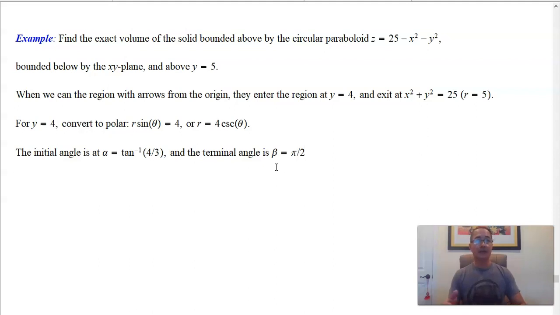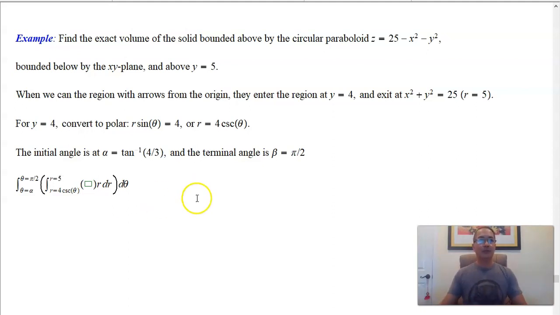Those are the limits of our outer integral. So theta will go from, let's just keep it as alpha, you don't want to keep writing tangent inverse 4/3 every time you write the next step, to the final angle pi over 2. R is going from our lower limit 4 cosecant theta to our upper limit 5.